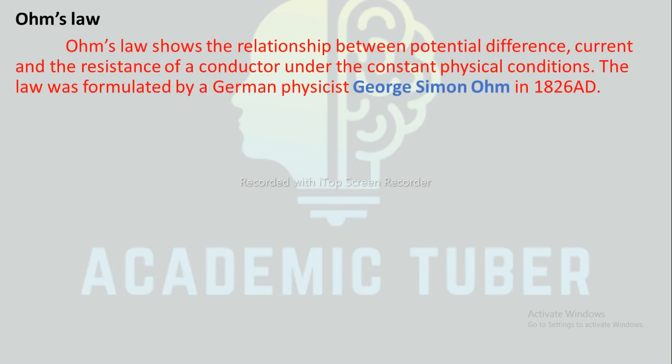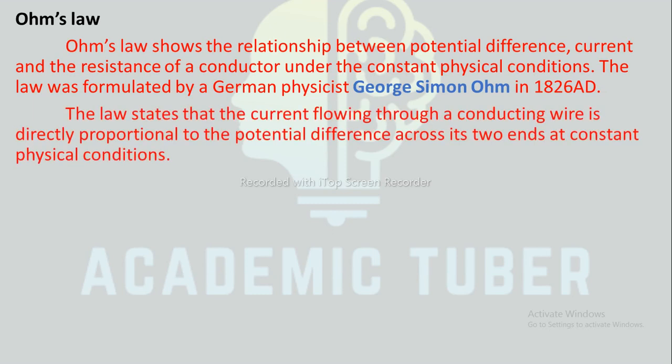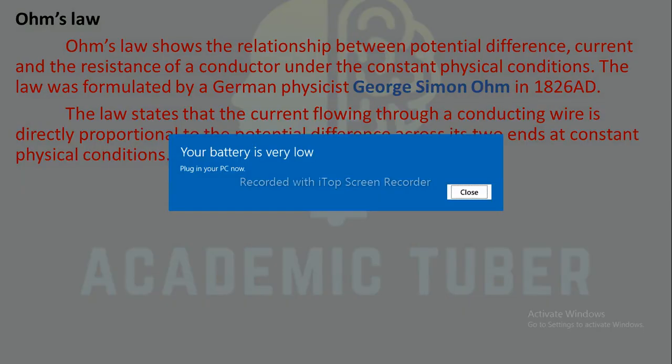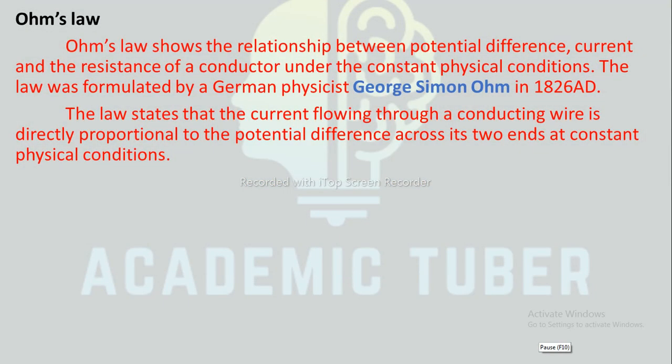Ohm's law. Ohm's law shows the relationship between the potential difference, current and the resistance of conductor under the constant physical conditions. The law was formulated by a German physicist George Simon Ohm in 1826 AD. The law states that the current flowing through a conducting wire is directly proportional to the potential difference across its two ends at constant physical conditions.